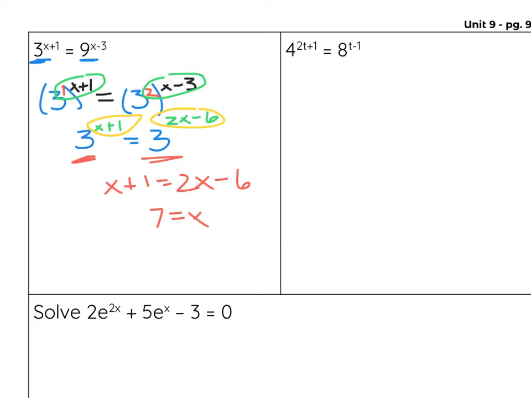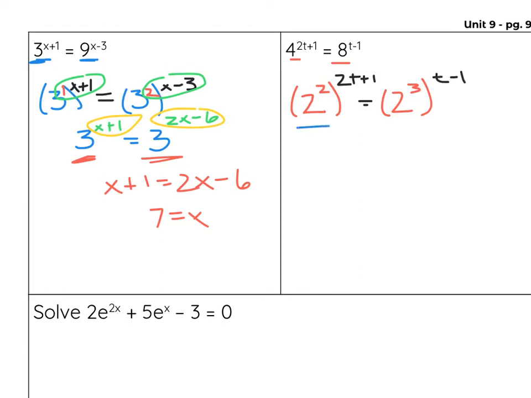Looking at the next one, I can't write 4 and 8 in terms of base 4, but I could rewrite them in terms of base 2. So 2 squared is equal to 4, and 2 cubed is equal to 8. Let's copy down our exponents, 2t plus 1, and then t minus 1.